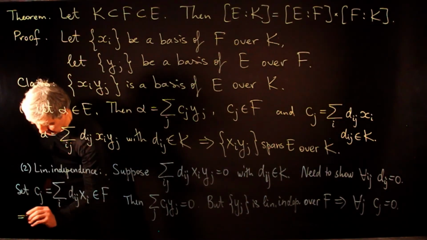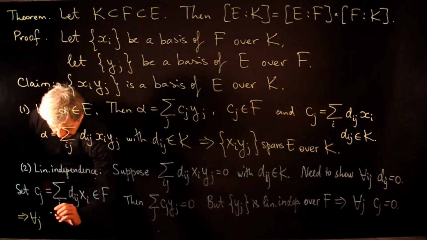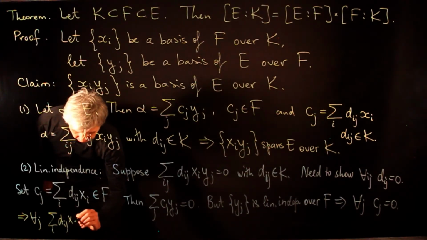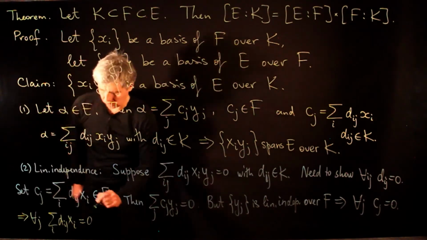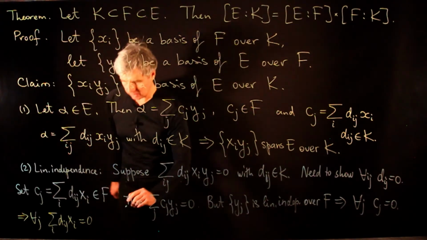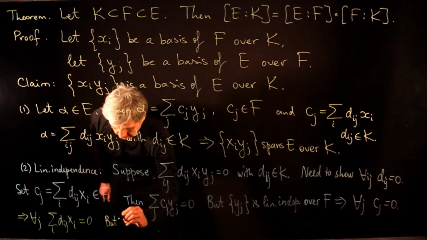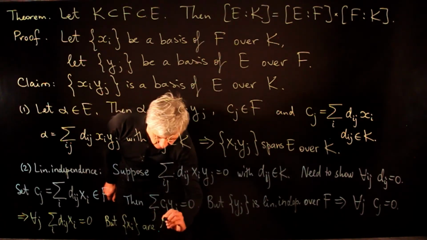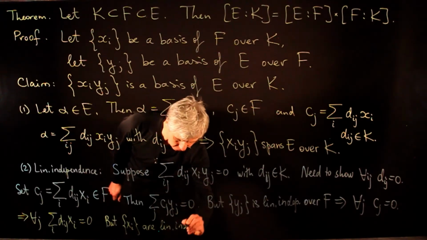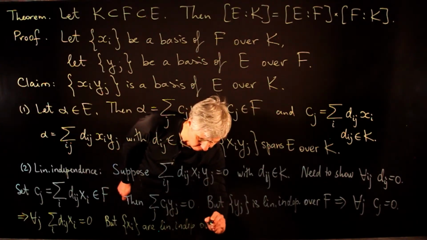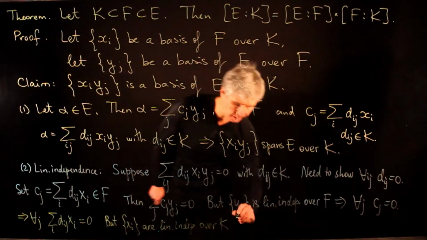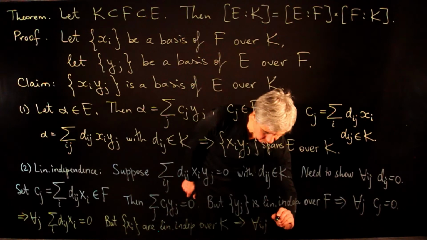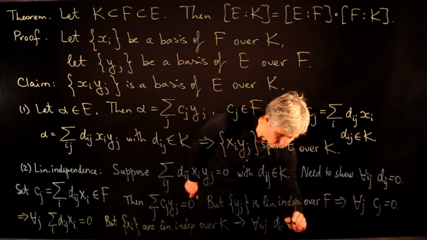So this tells us that for all j, the sum over i of dij xi is equal to 0, because this is our element cj. But the elements xi are linearly independent over K. And this tells us that for all i and j, dij must be equal to 0.